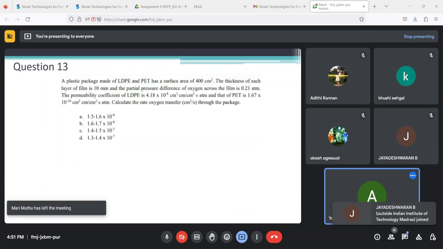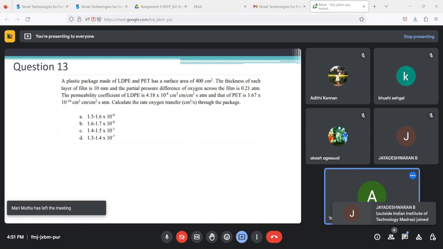So question 13. This is pretty similar to what we had in question 11. A plastic package made of LDPE and PET has a surface area of 400 centimeters square. The thickness of each layer of the film is 10 millimeter and the partial pressure difference of the oxygen across the film is 0.21 atmosphere.